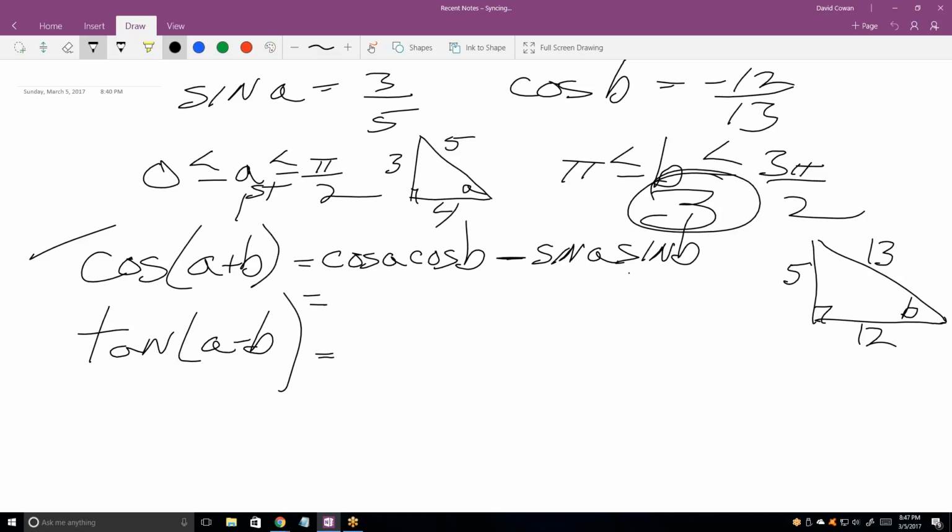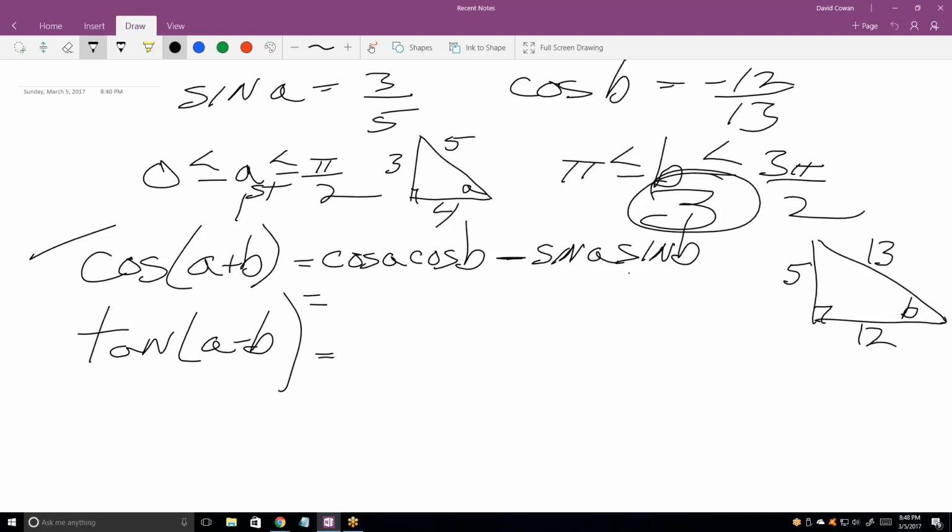This is the tangent of, the argument is A minus B. That incidentally is not the same as tangent of A minus tangent of B. In this case, we're subtracting the angles first, and then taking the tangent of that net angle. Whereas if you took the tangent of A minus the tangent of B, that's something altogether different. That's the difference of two different ratios.